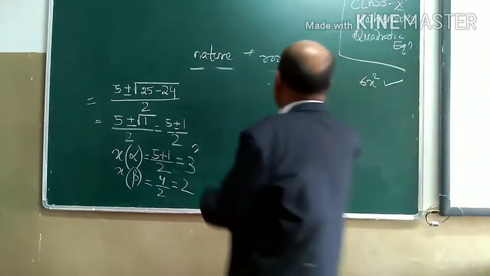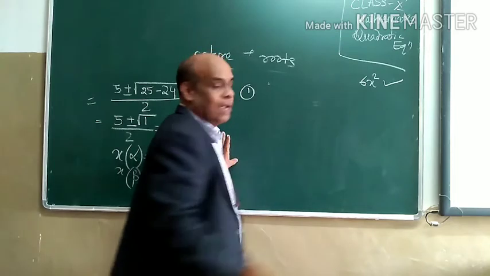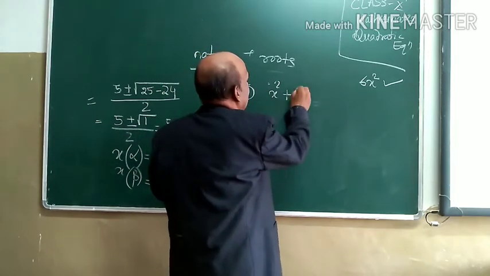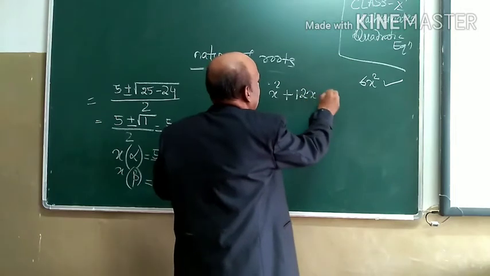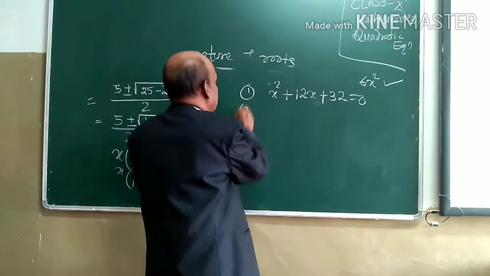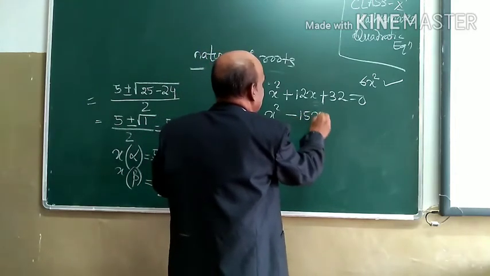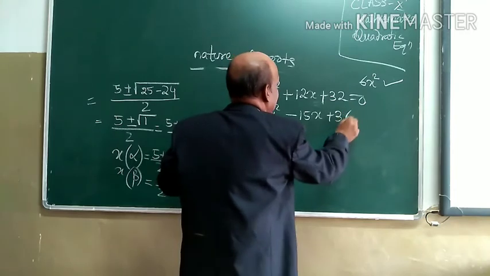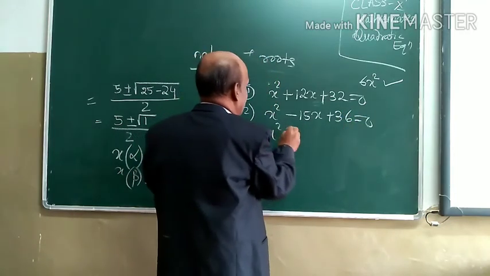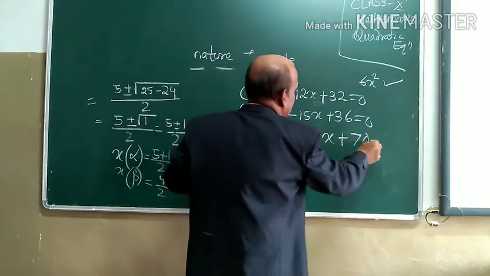This is your home task. Find the roots of the quadratic equation x² + 12x + 32 = 0. Question 2: x² − 15x + 36 = 0. Question 3: x² − 17x + 70 = 0.